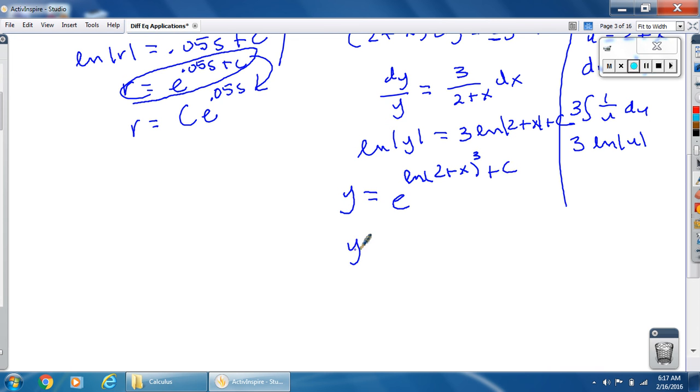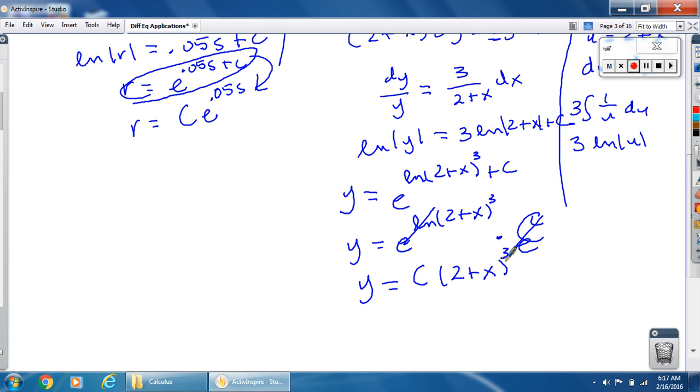So that's going to be y equal to e to the ln of 2 plus x to the third power times e to the c. E and ln undo each other. So I get y, and e to the c, remember, is just c. So I get c times 2 plus x to the third power.